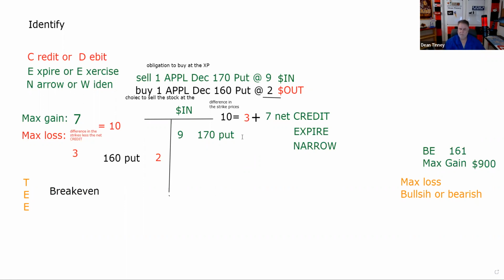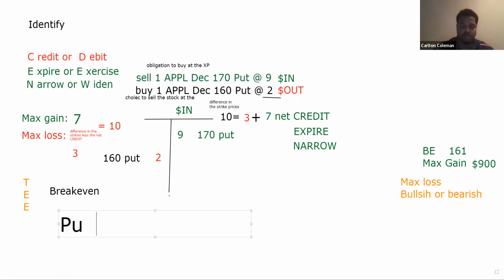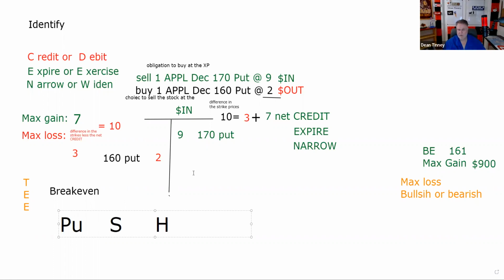Now we have a great mnemonic device, memory aid, for determining break evens in put spreads, and it's PUSH. That's to remind us: put, subtract from the higher. Put, subtract from the higher. So that's to remind us how we're going to proceed when we're trying to get to break even in a put spread.